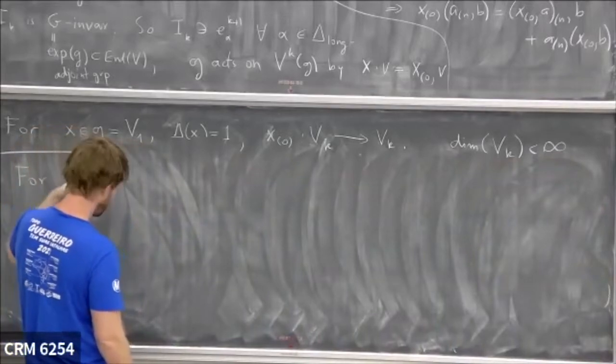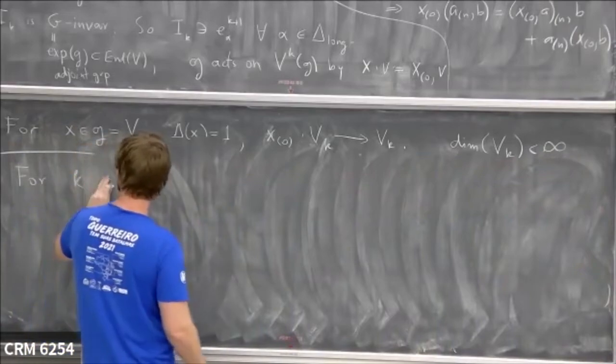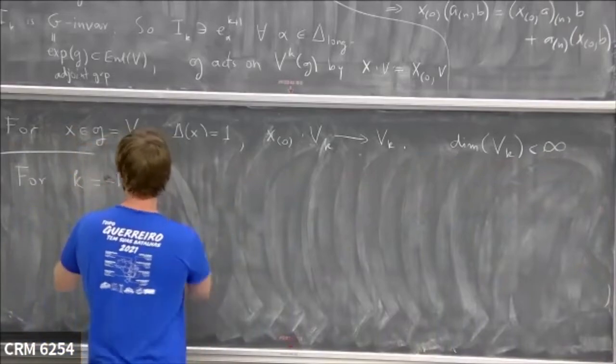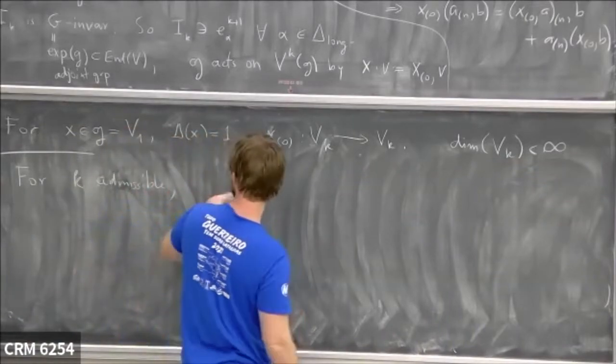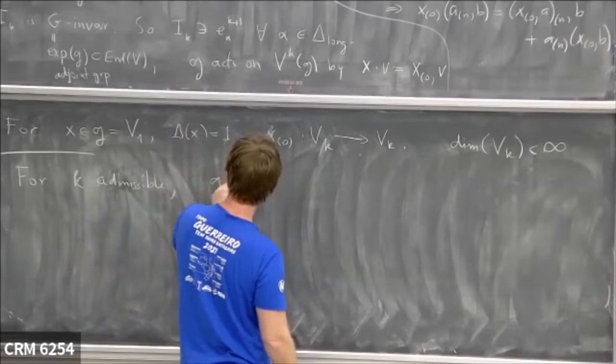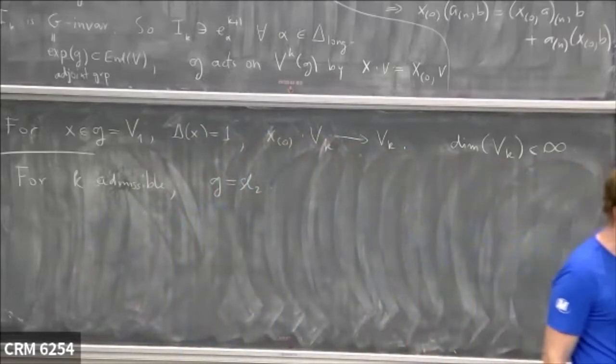For K admissible, so let's say, for example, G is SL2. So for other types, it gets a lot harder.